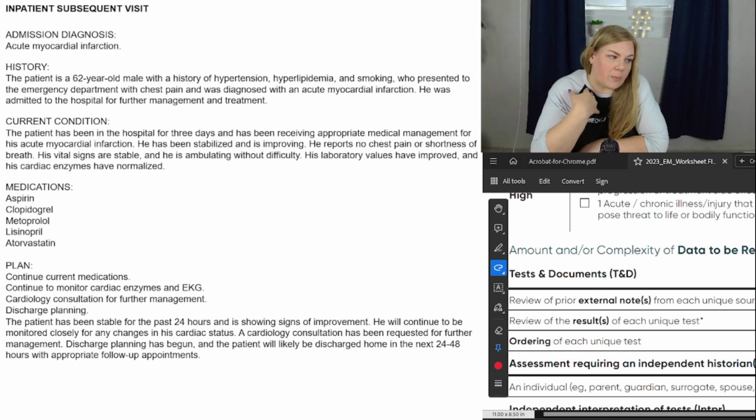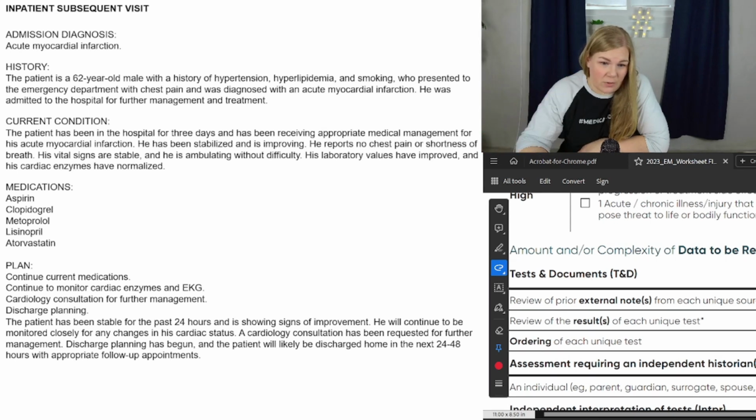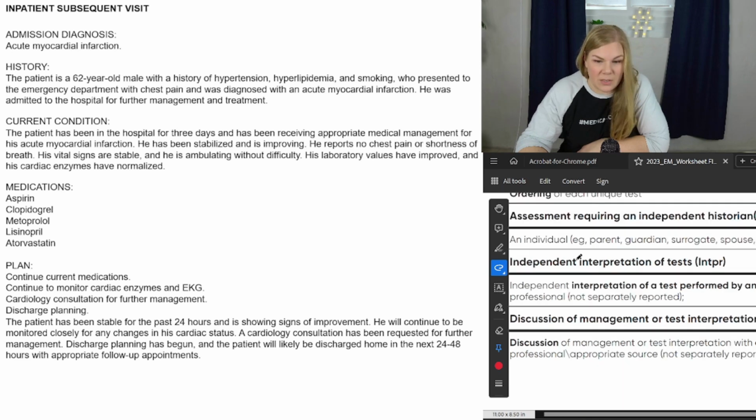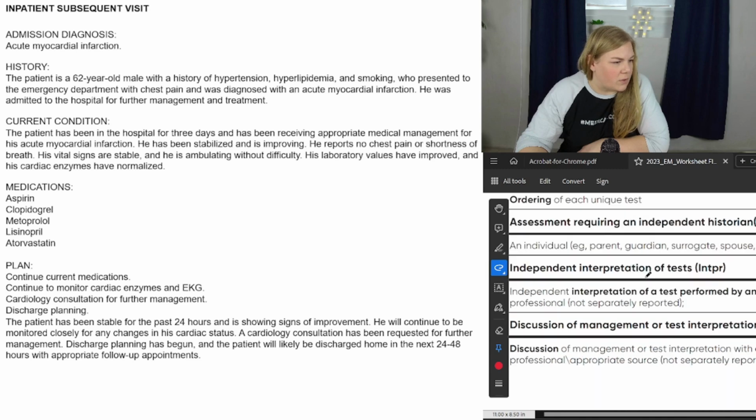Personally, I wouldn't credit it because it's not saying I reviewed the lab values. I don't see what lab values it is here. He's saying to continue monitoring the cardiac enzymes and EKG, but he's not actually saying that he did review them. I'm not seeing any orders of any tests. I'm not seeing any independent interpretations, nothing saying, I personally reviewed this test.